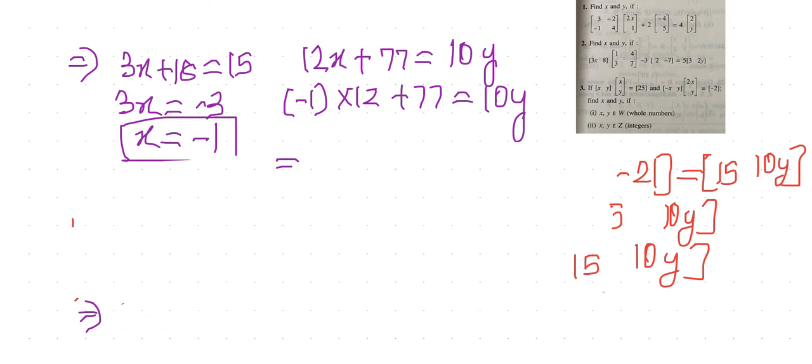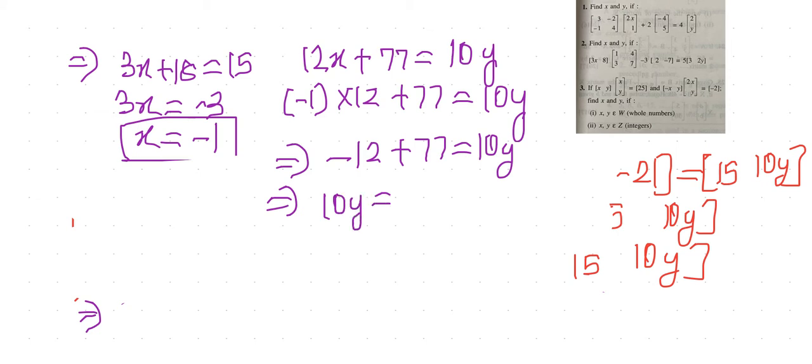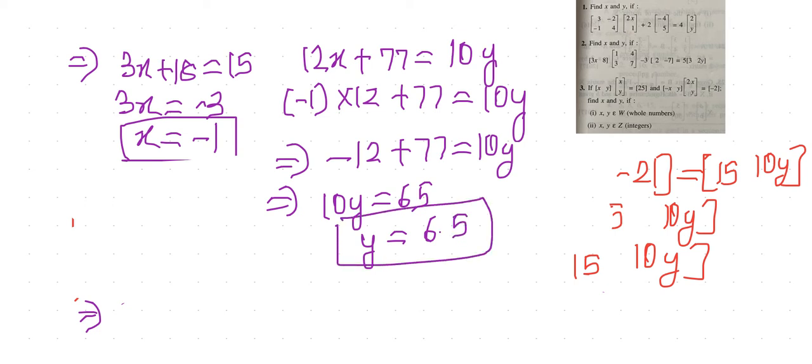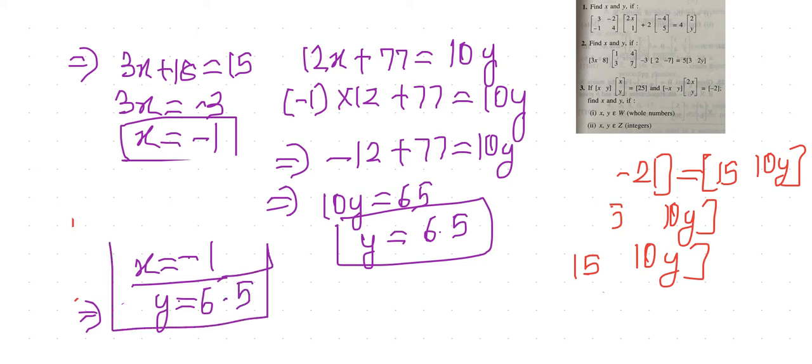This implies minus 12 plus 77 is equal to 10y, which further implies that 10y is equal to 65. So the value of y will be equal to 6.5. These are the two values that you are getting: x is equal to minus 1 and y is equal to 6.5.